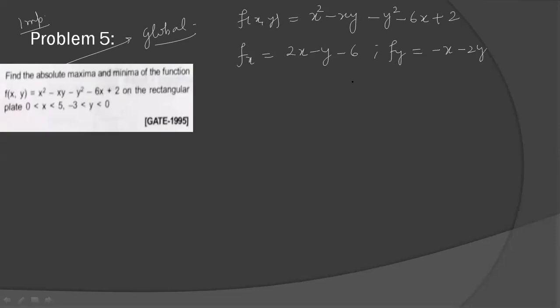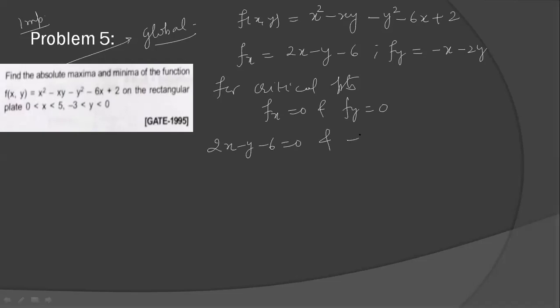For critical points, f_x equal to 0 and f_y equal to 0. If you solve these two equations, 2x minus y minus 6 equal to 0 and minus x minus 2y equal to 0, you will get x equal to 12 by 5 and y equal to minus 6 by 5.